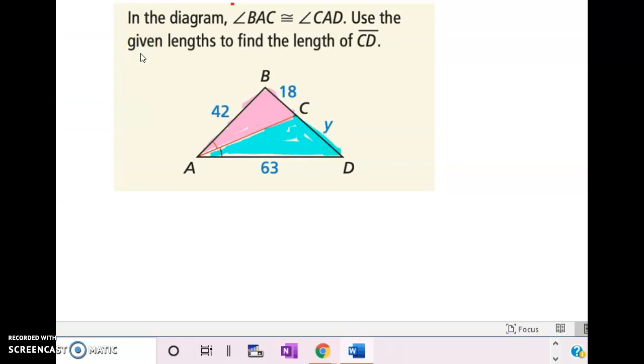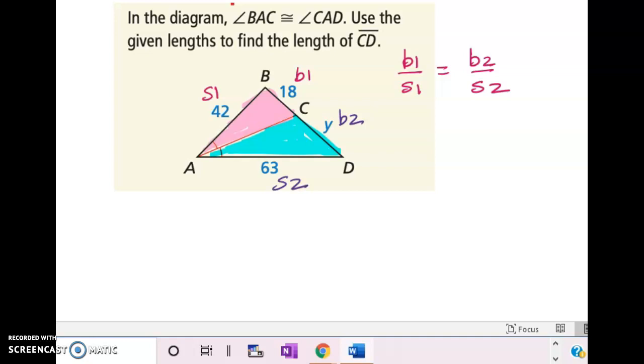For simplicity's sake, I will say this is base 1, side 1, base 2, side 2. So I don't know base 2 yet. I can write my proportionality statement based on what we just did. Base 1, side 1 should be proportional to base 2, side 2.